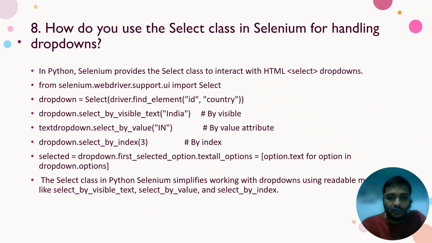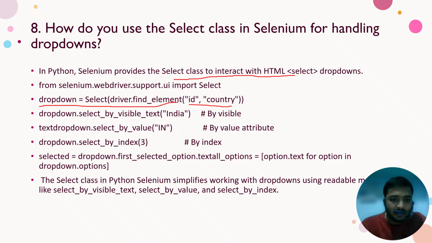How do you use the Select class in Selenium for handling dropdowns? In Python, Selenium provides the Select class to interact with the HTML dropdown. From selenium.webdriver.support.ui import Select. We write dropdown equal to Select of driver.find_element with id equal to country.